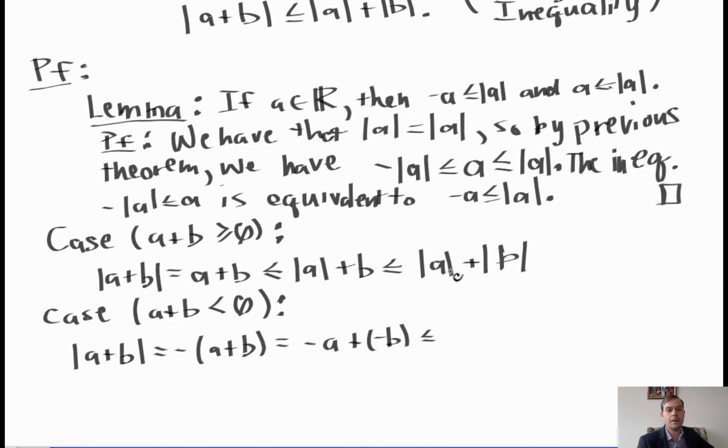And then we can go ahead and apply our lemma and the additive property to get the absolute value of a plus minus b. And then again, our lemma and additive property applies to the b term, and we obtain the result. This is an exhaustive list of the cases, and so we can conclude the full proof.